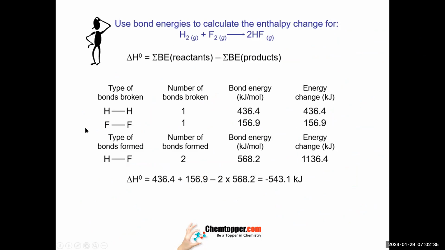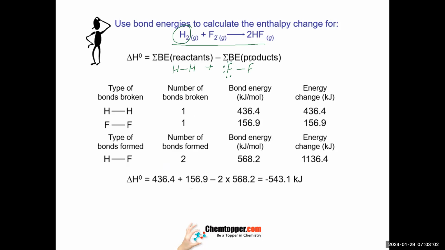This is a question which is already solved. First, when the question is given to you, you have to draw the Lewis dot structure and identify the bonds. Like H2, we all know, H singly bonded with H. F2, we all know. They can say, draw the Lewis dot structure of the reactants.